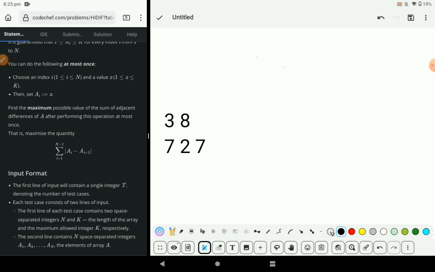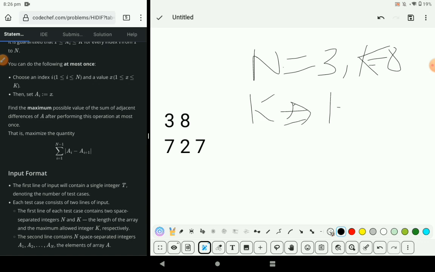So our n equals 3 and k equals 8. Our k is from 1 to 8. Is that clear? This is our k.